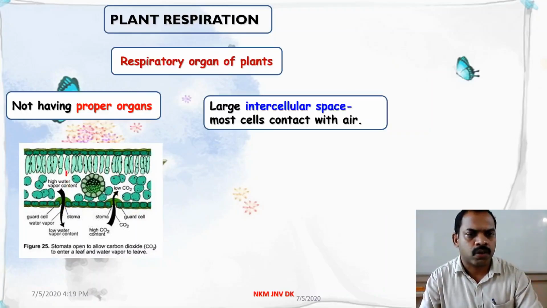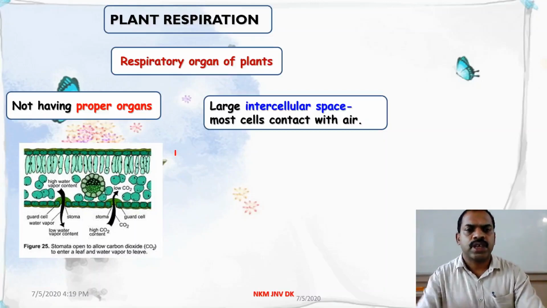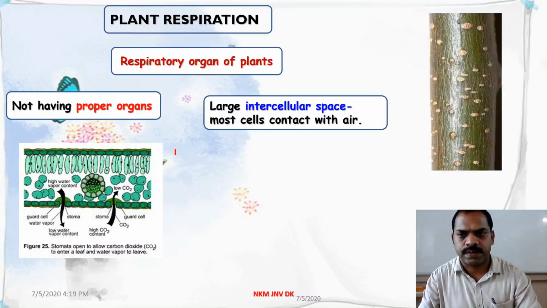Air can pass through that. Almost every cell can be in direct contact with air. No need to pass from one cell to another cell. Large intercellular space is one of the advantages of plants. They do not need a particular organ for respiration, breathing.